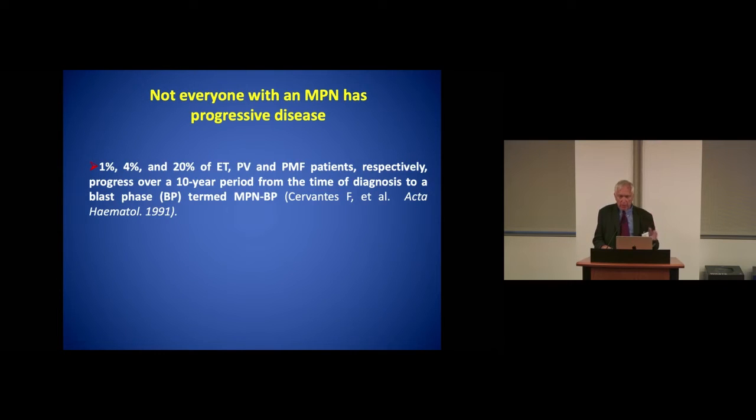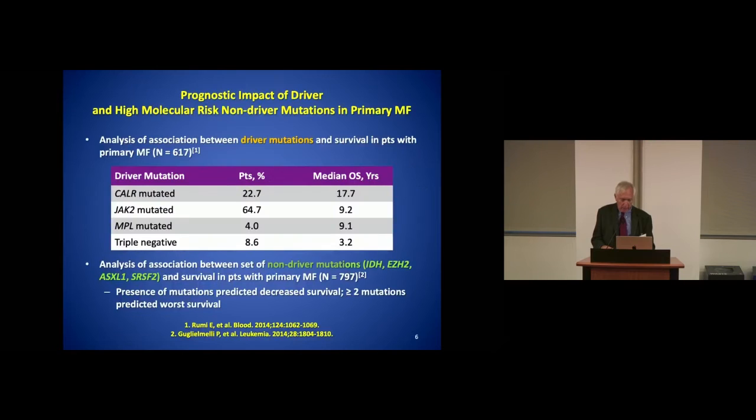So the major cause in the proliferative phases, let's say PV, ET, and early forms of myelofibrosis, is really thrombosis and hemorrhage. Now, we do know that the impact of these driver mutations in many ways determines the outcome of patients, at least with primary myelofibrosis.